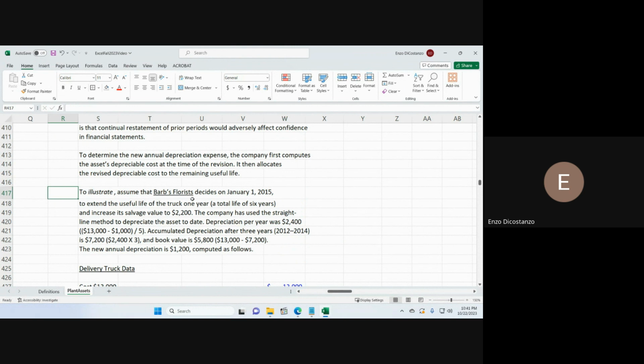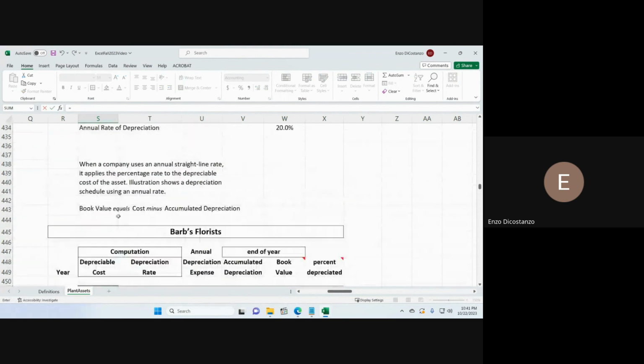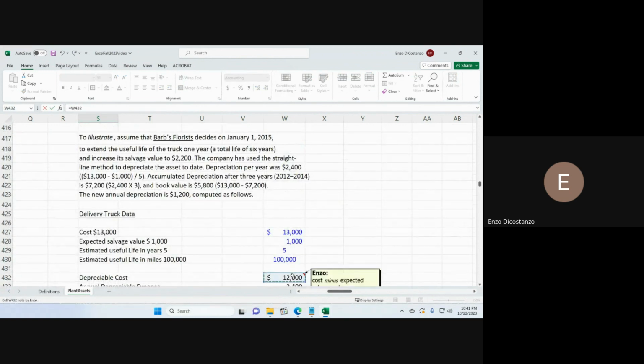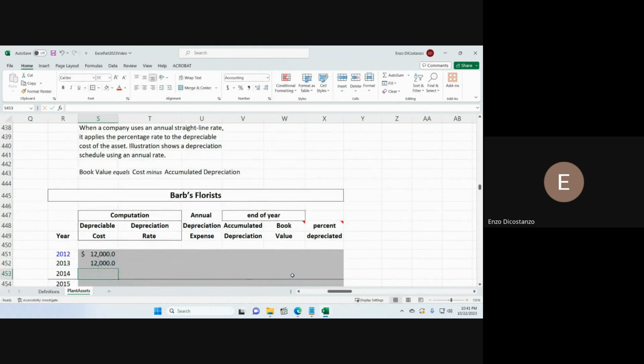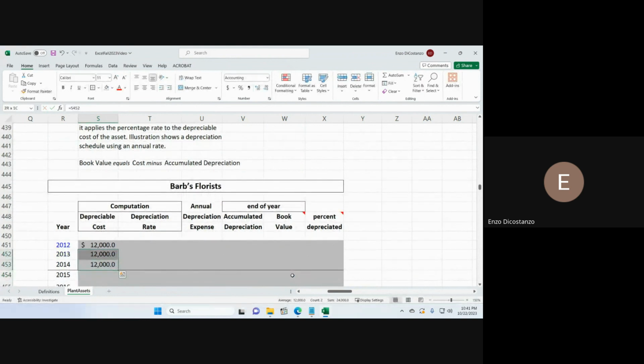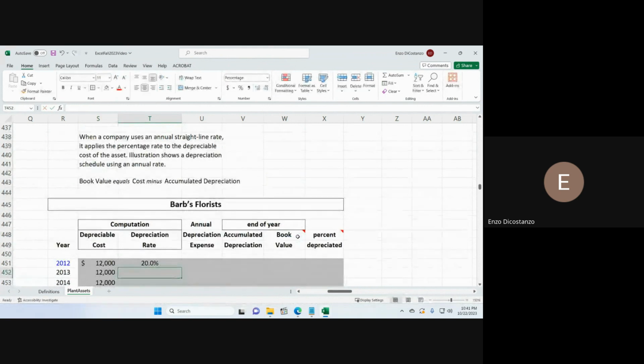So the first thing that you would fill out in terms of your table is the initial depreciable cost, which was 12,000. And this is the same thing, and this is the same thing. The rate would be 20%.